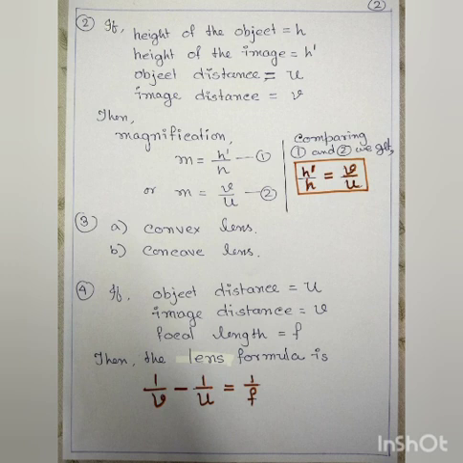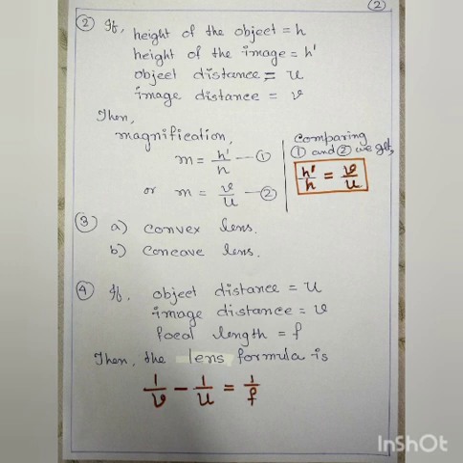Now for the third question, the incident ray AB falls on a lens and the refracted ray is BC, and the ray diagram was given but the lens was not drawn in the figure. We have to identify the lens by recognizing the nature of the refracted ray, how it is refracting after passing through the lens.